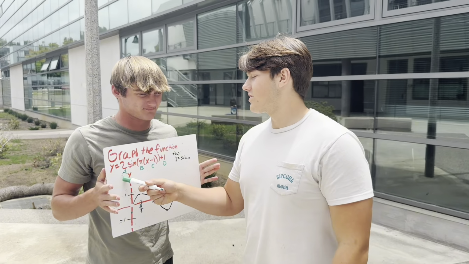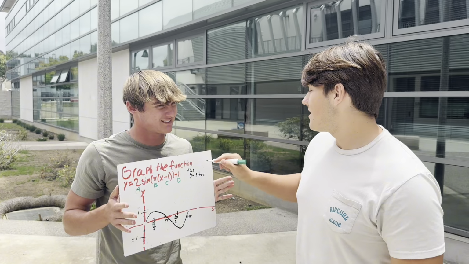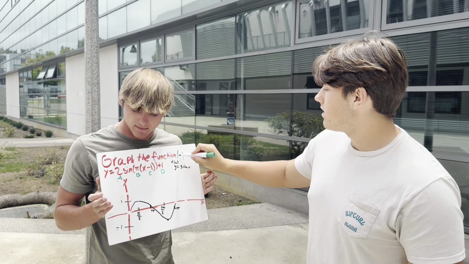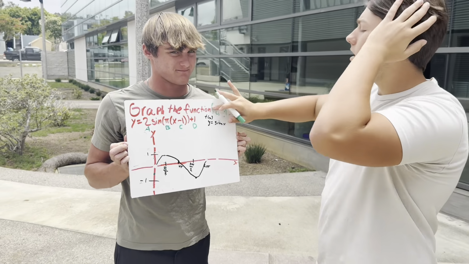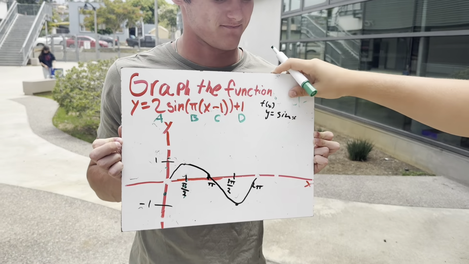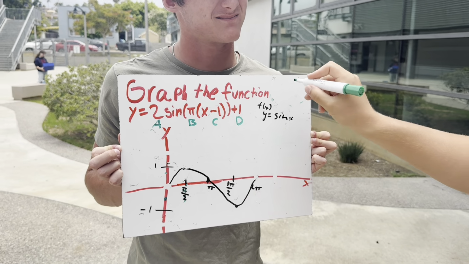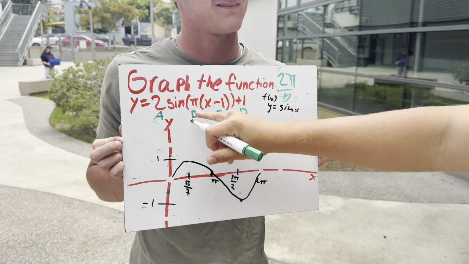Okay, so first we're going to start off with the amplitude, which is a, which is 2, because we have to take the absolute value of that number in front, and the absolute value of 2 is equal to 2. Then we're going to look at the period. We need to find the period. It's 2 pi over b, and b is pi.